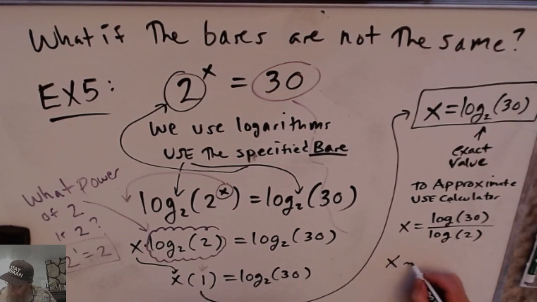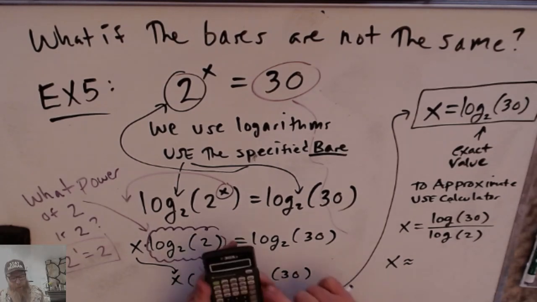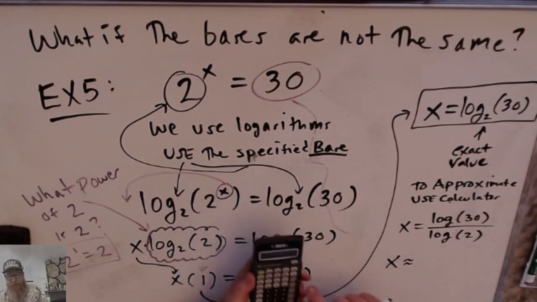Or if you prefer, you can use the ln. We saw this in section 6.5. You actually have two choices because you've got two buttons on your calculator.